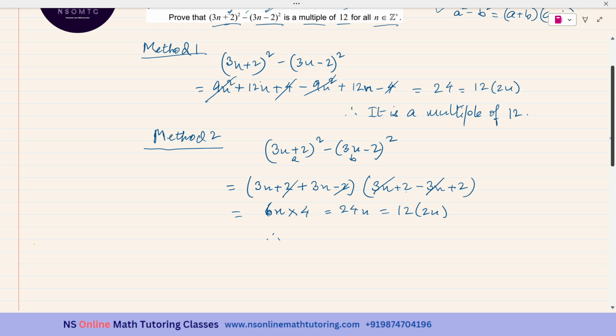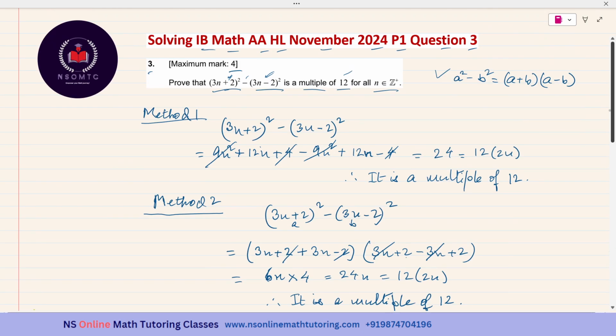Therefore, it is a multiple of 12. So you can use any of these two methods to prove this.